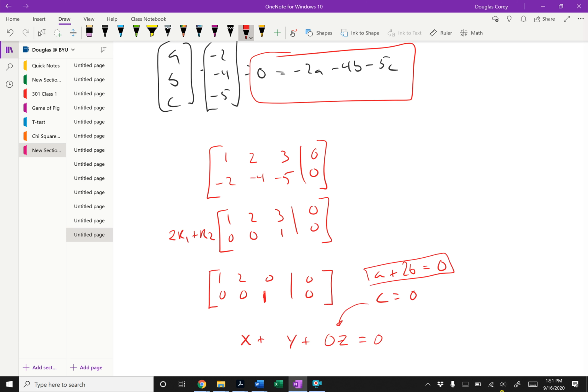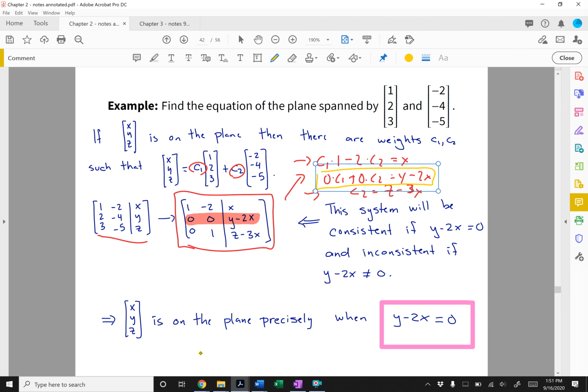So if I pick minus 2 for a, then b can just be 1, and so I get that, which simplifies to y equals 2x, or 0 equals y minus 2x, which is how the book puts it, or how these slides put it right here. Oops, y minus 2x equals 0. So anyway, that's another way that some of you might be more comfortable with than with what this professor did.